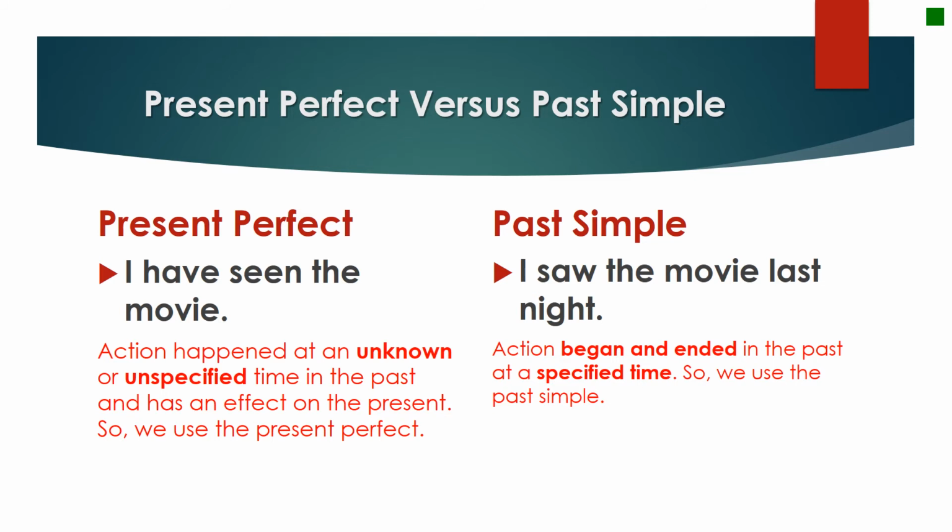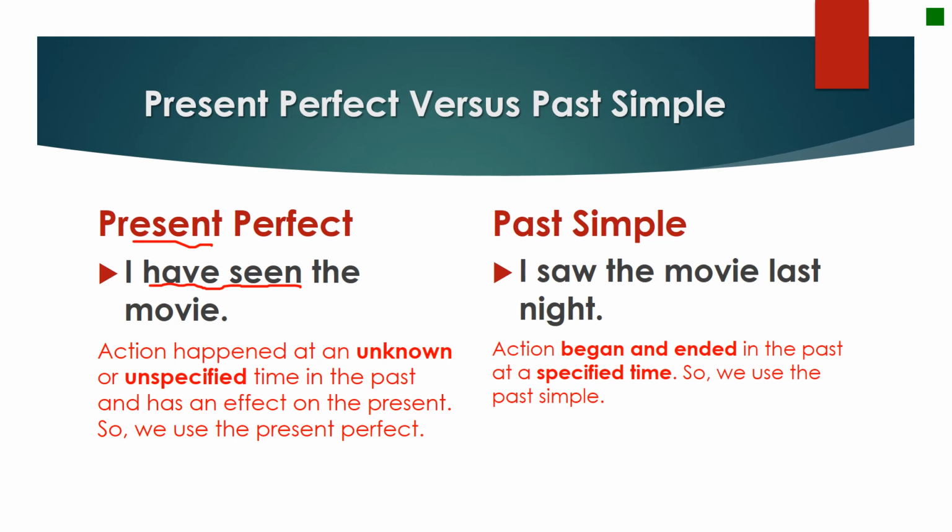And the present perfect versus the past simple. You noticed, of course, that the present perfect tense, even though it's called the present, is something that happened in the past. I have seen the movie. How is it different from the past simple? I saw the movie last night. Notice here, did we add any time word in the present perfect tense? No, we didn't. We just said I have seen the movie.